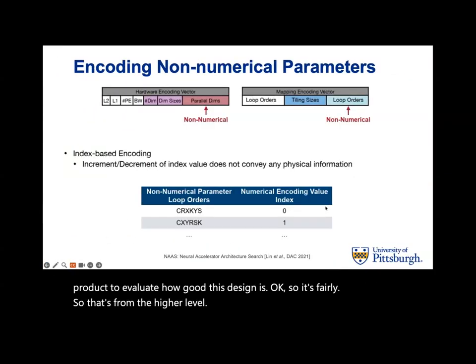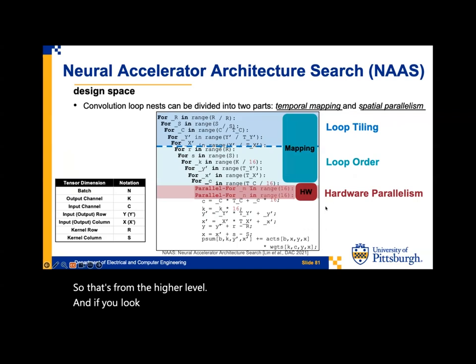And if you look at the lower level, at the end of the day, the network is just a bunch of nested loops, right? You have all these parameters: batch size, output channel, input row, input column, kernel row, and kernel column.